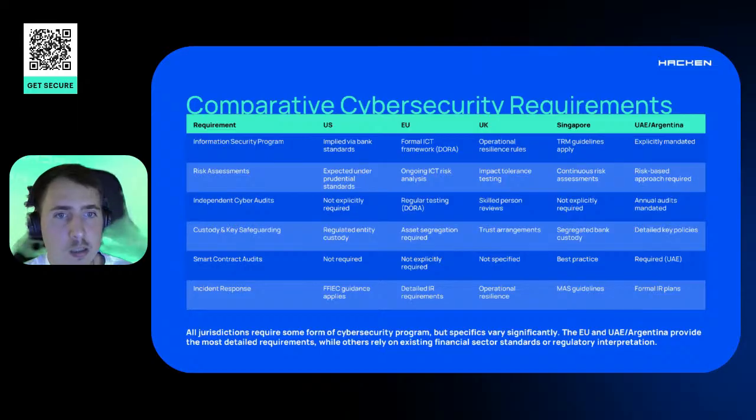For the UK, it needs to be like trust arrangements. Singapore, it's segregated bank custody. And for VARA, it needs to be a tailored key policy, which is very related to the CCSS, for example. There are a lot of overlapped requirements. So I would say if you have the CCSS certification, you will close up to 80% of the VARA custody requirements there.